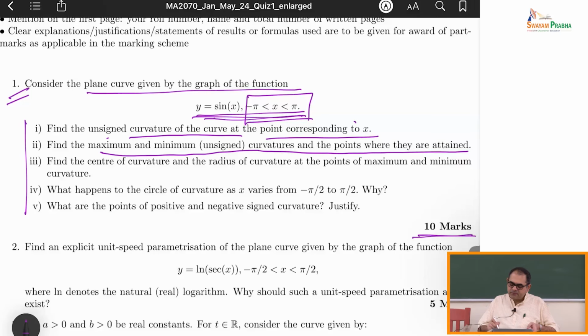Then let's look at the third one. At the points of maximum and minimum curvature, we want the center of curvature and the radius of curvature. This is again rather straightforward, except that to find the center of curvature, we have derived a formula for its coordinates, and that formula involves the signed normal and the signed curvature.